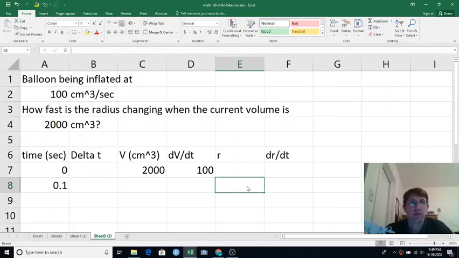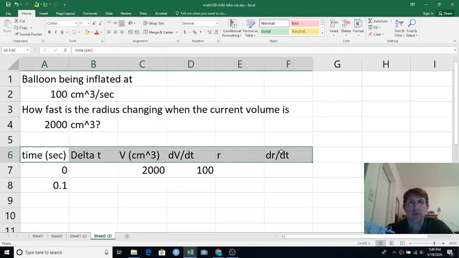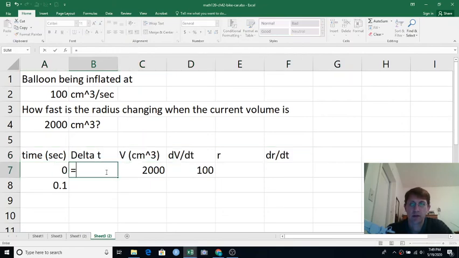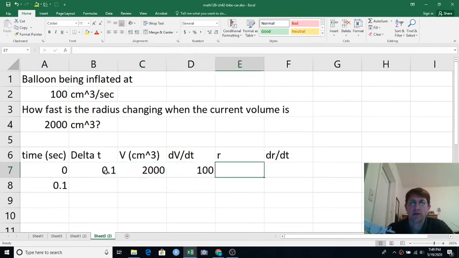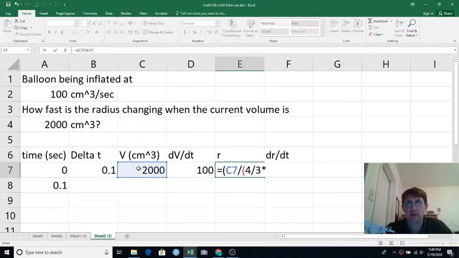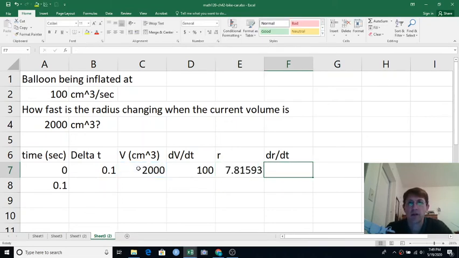All right, here we are in a spreadsheet. So we've got our numbers, got the same layout I just suggested. We can compute delta t. And then what's the formula for the radius if we already know the volume? Remember, that was current volume divided by 4/3 times pi, and then that whole thing to the 1/3 to take the cube root.